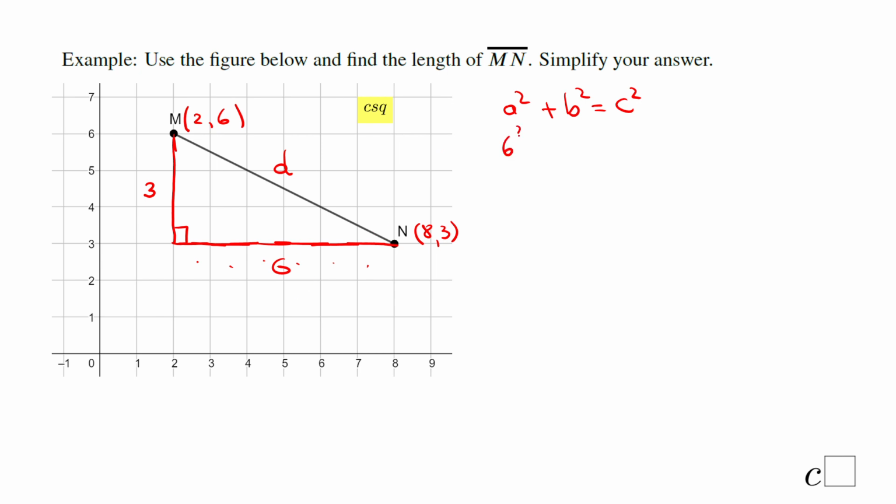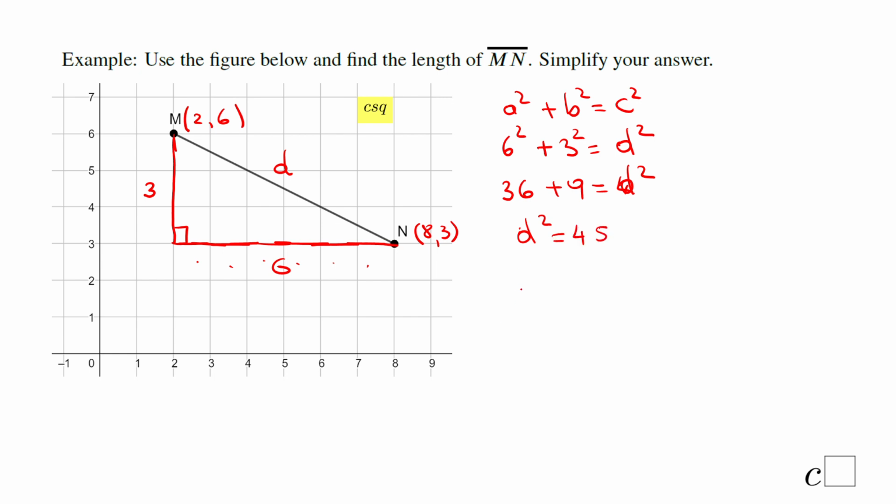So we're going to have here 36 plus 9 equals 45, equals d squared, so d squared equals 45.